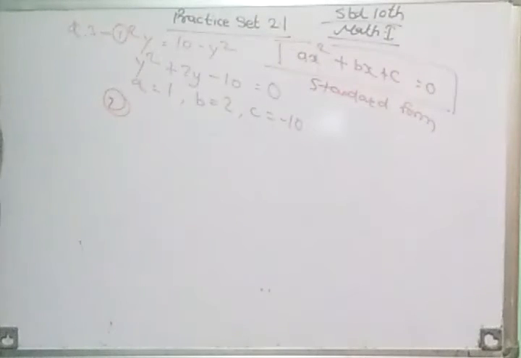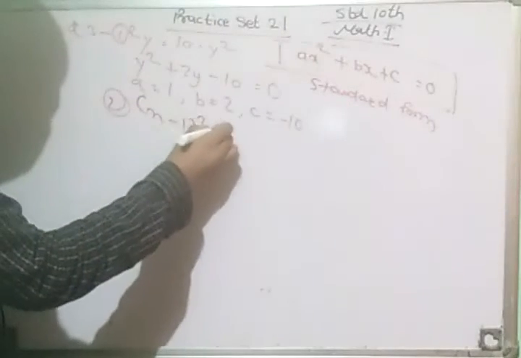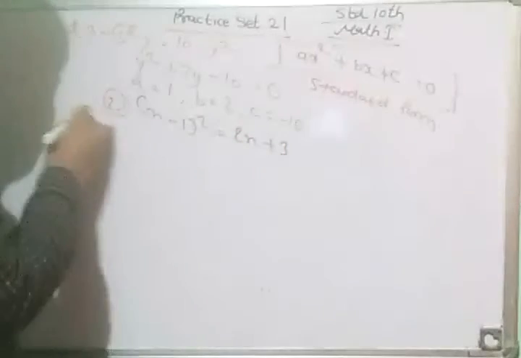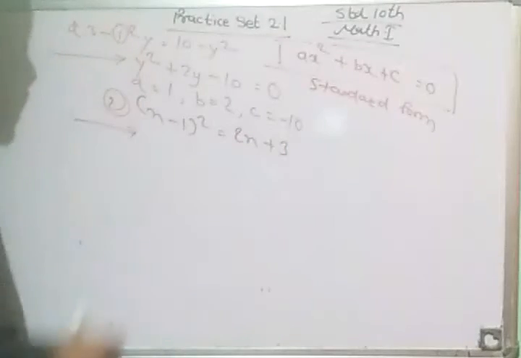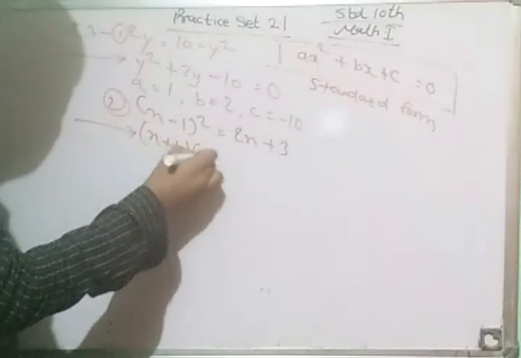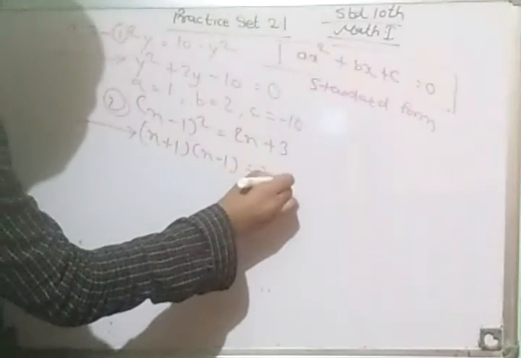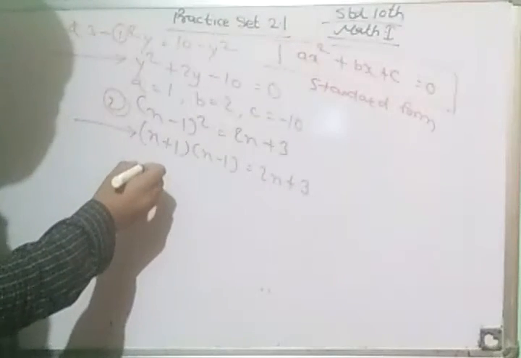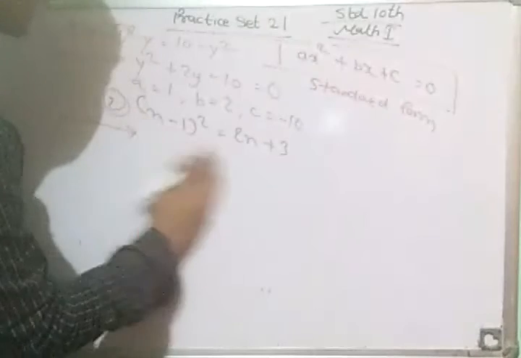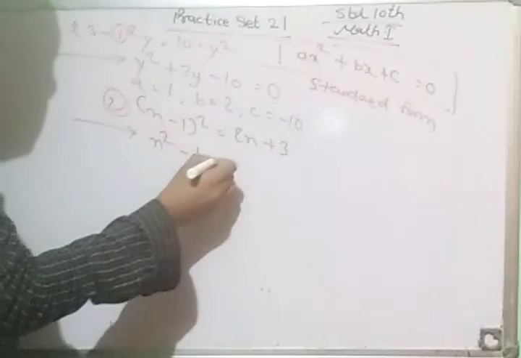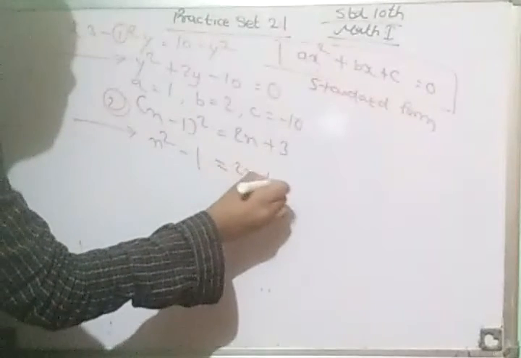Second example of the third question is x minus 1 whole square is equal to 2x plus 3. Firstly, we write this equation in the standard form. x square minus 2x plus 1 is equal to 2x plus 3.